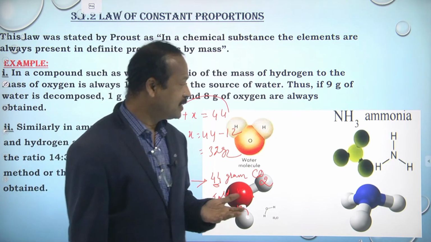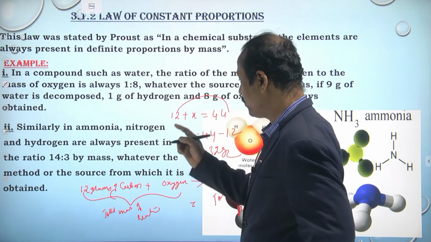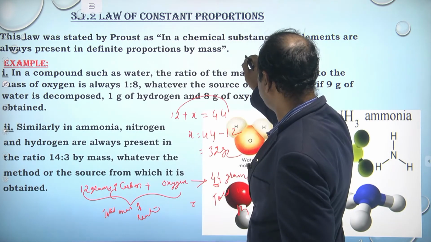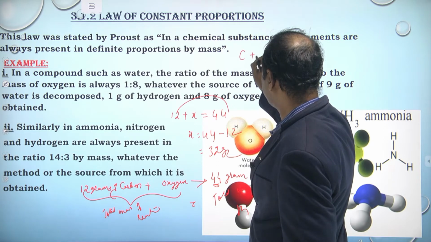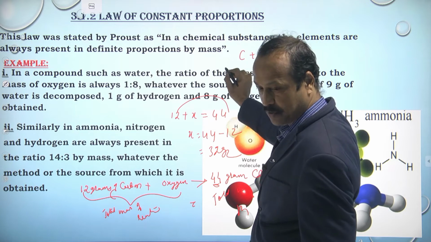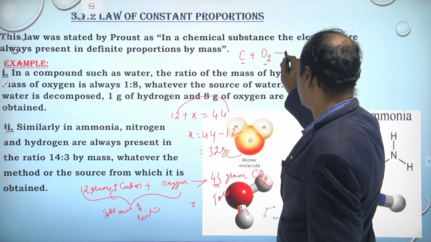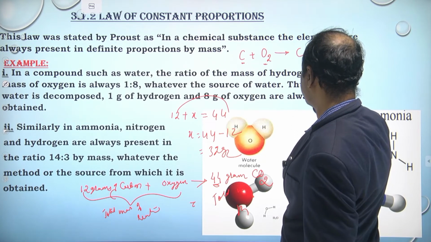Like this. And see here, one more important thing is that you also can find it like this. You know that, for example, carbon burns in oxygen. So what we can write is that during the chemical reaction, chemical equation, carbon is C and oxygen is O2, gives rise to carbon dioxide, CO2. Yes or no?